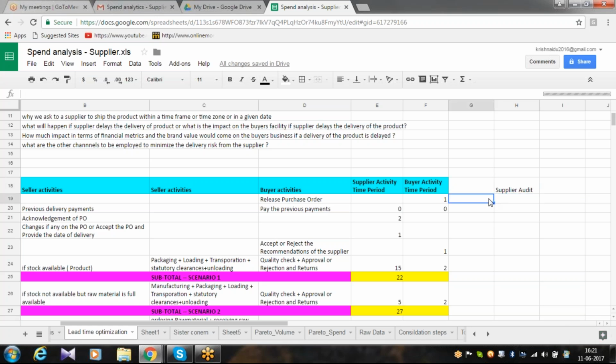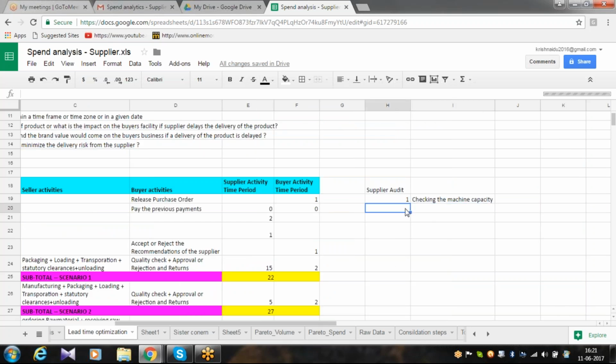Checking the facility, checking the machines' capacity, storage capacity, people, manpower capacity. Fourth, the supplier's quality rejection rate.